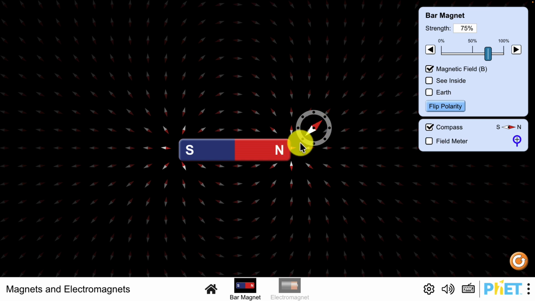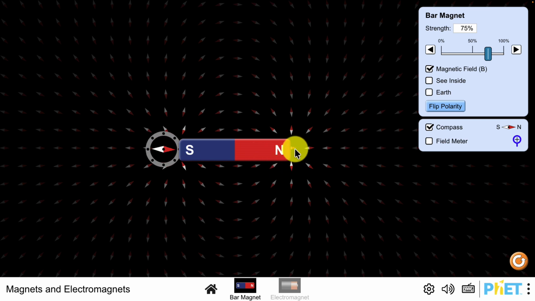It starts from here, turns here, and then here it reverses its direction. It starts turning, and now you can see the magnetic field points to the south pole.